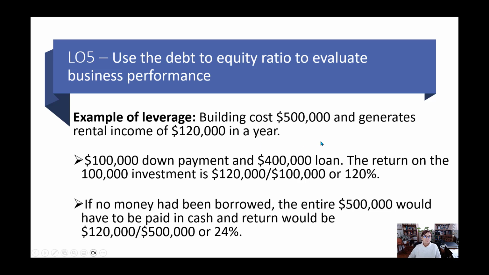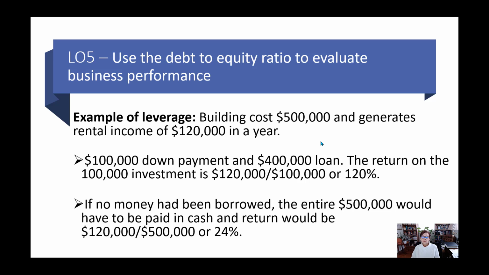So here's an example. Let's say you're buying a $500,000 building that you're going to use to rent, and it generates $120,000 in a year. So there's two possibilities here. Say you put a $100,000 down payment and you take out a $400,000 loan.